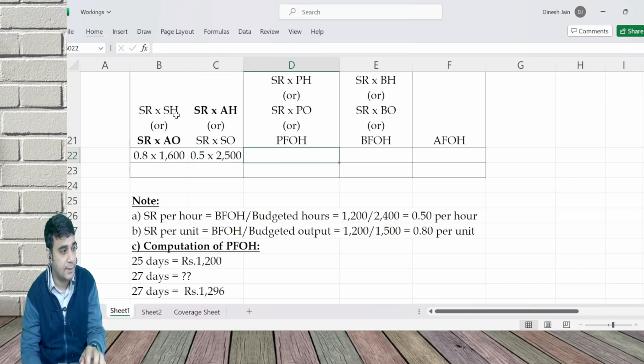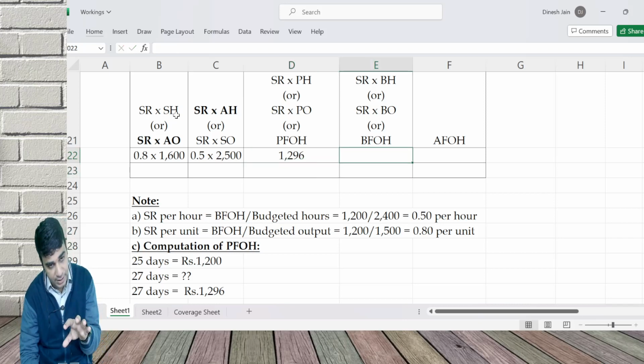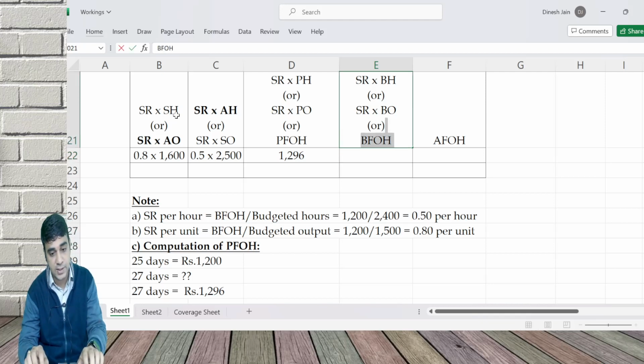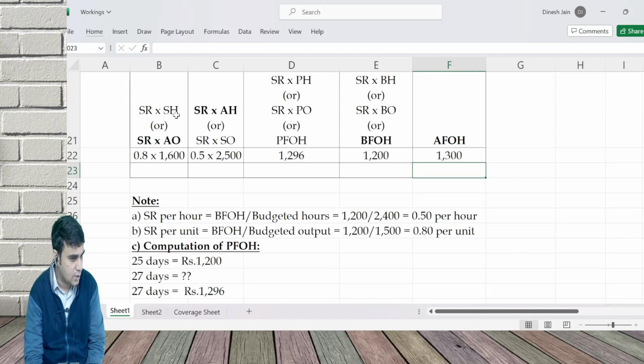PFOH you have calculated. How much? SR into BH or SR into BO or BFOH, one of them will be readily available, which is BFOH. How much is BFOH? 1000. AFOH will be readily available. That's all. The table is over because we have most of them readily available, and that is how it will be in most of the questions.